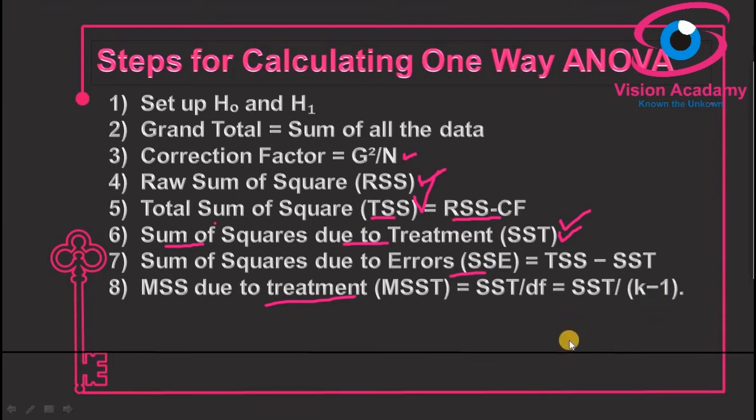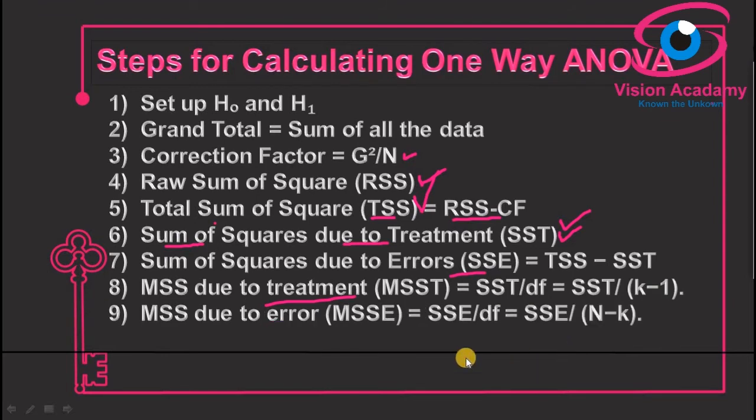After finding MSST, we also need to find one more thing, that is MSSE, the mean sum of squares due to errors. For the mean sum of squares due to errors, the formula is SSE divided by the degree of freedom. Here the degree of freedom is going to be quite different.